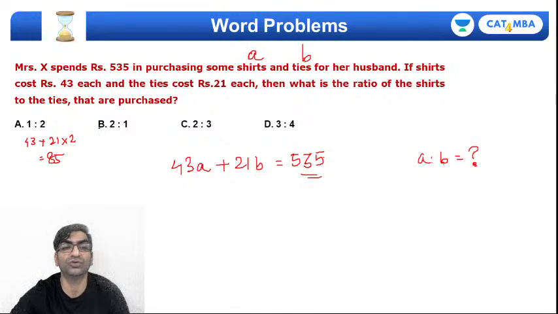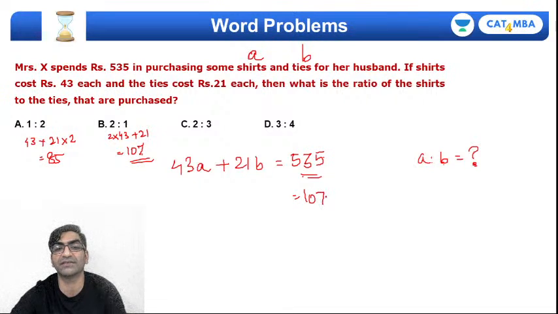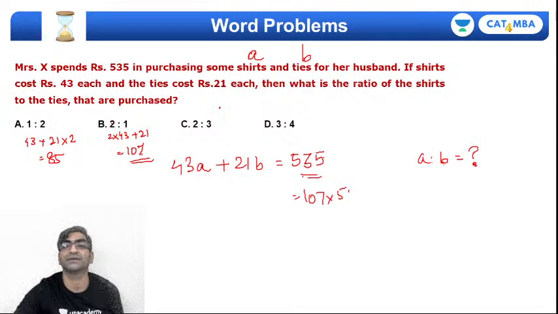Right? So 2:1, 2 times 43 is 86 plus 21, that is 107. Can that divide? Yes. 535 is indeed 107 into 5. So basically 2 into 5 and 1 into 5 will be the number of shirts and ties. That seems the most likely answer, right? 2:3.